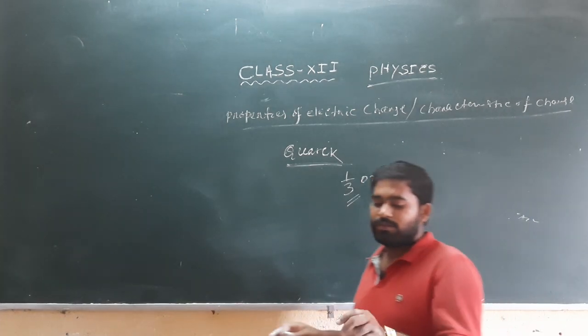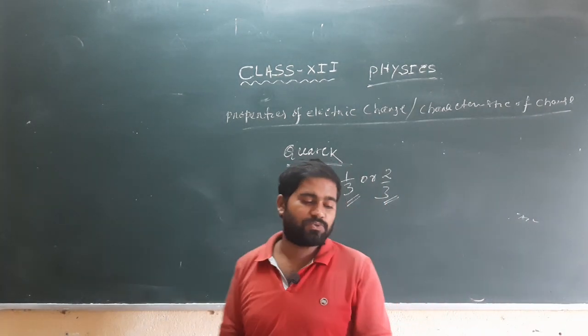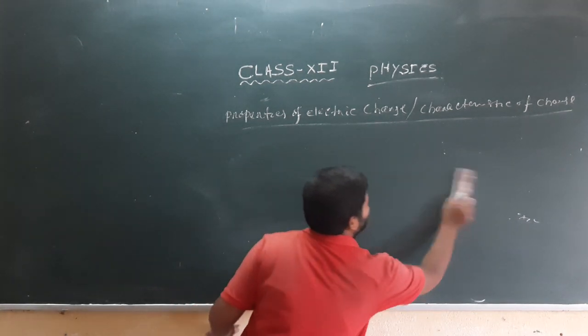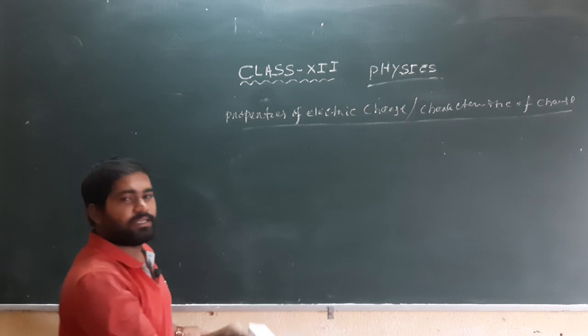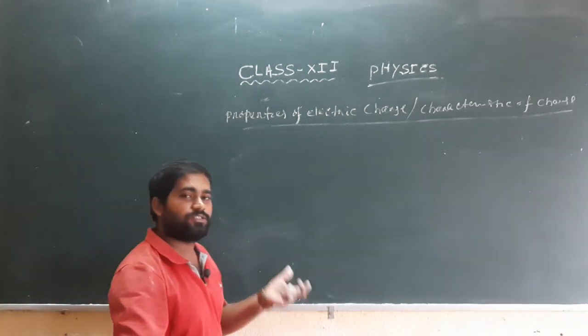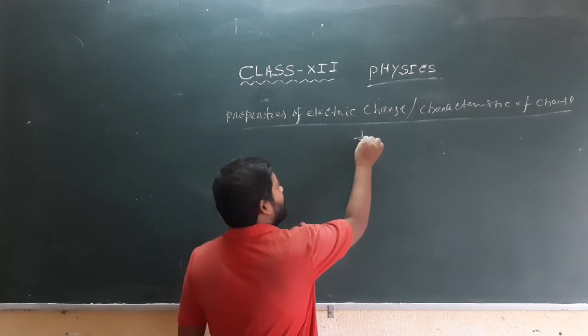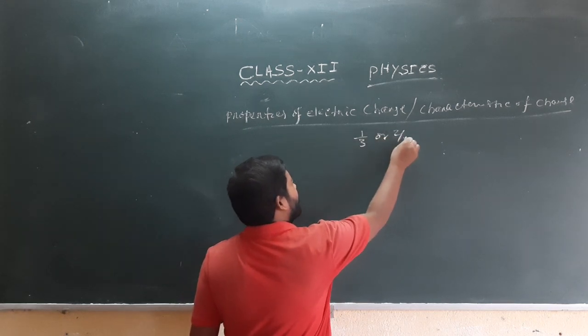So depending upon the different nature of charges, we divide quarks. Quark is a hypothetical particle that exists inside the nucleus and whose charge is around 1/3 or 2/3.